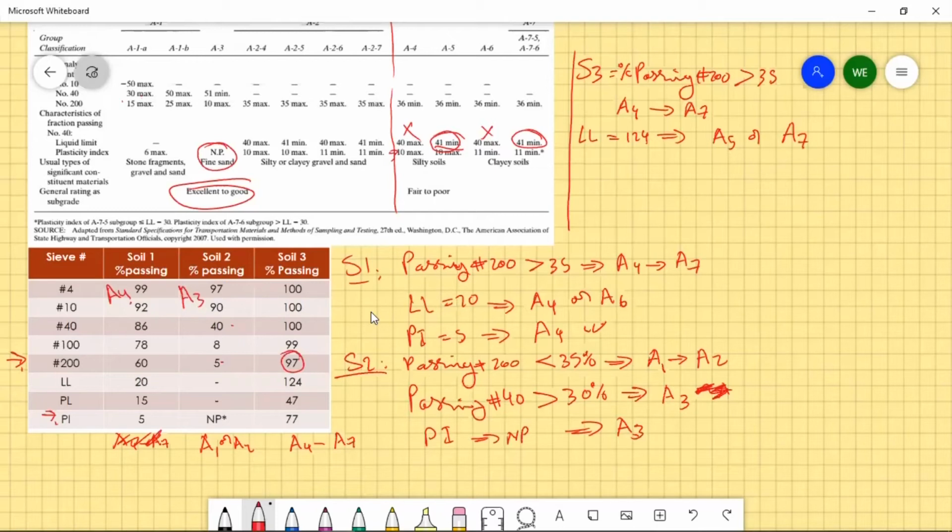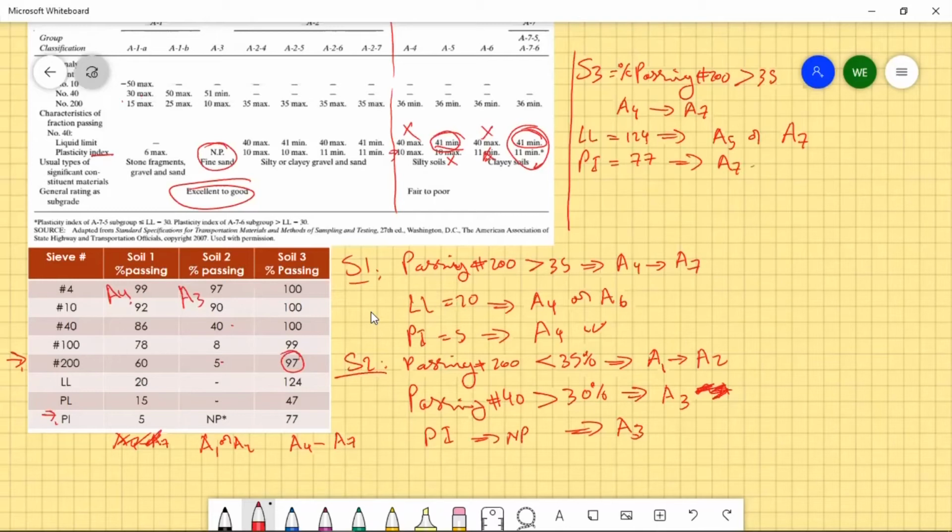So we go to the plasticity index. The plasticity index for this soil is 77. It says here 11 minimum and 11 minimum, so it satisfies both. This one is not applicable, because here it's 10 maximum, so it's not satisfied. So it's A7.